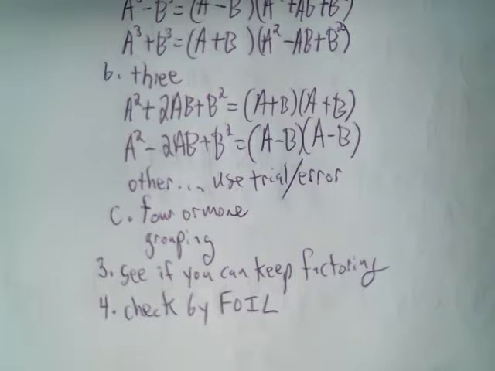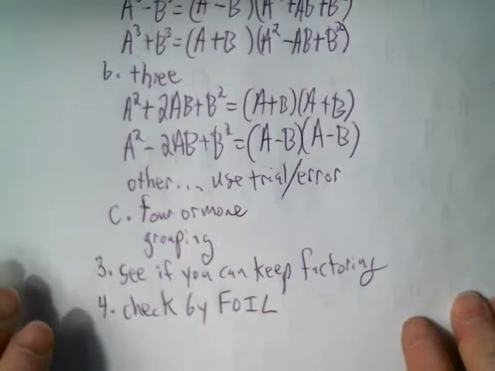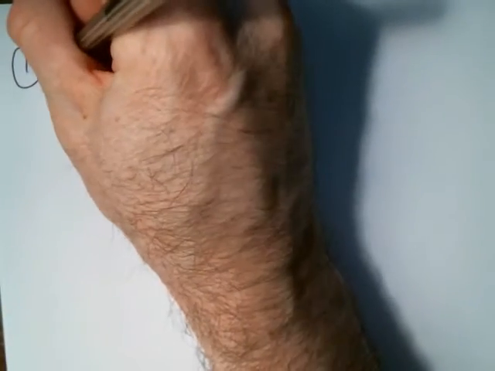Okay, so in this section, you'll just be given a bunch of random polynomials, and you'll be expected to identify the type and factor them accordingly.